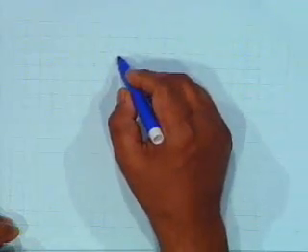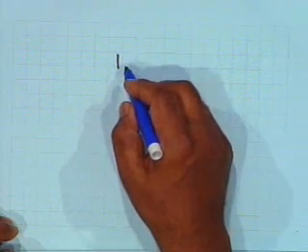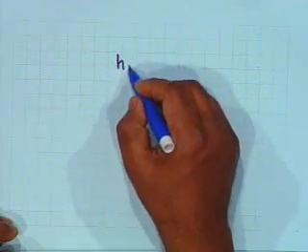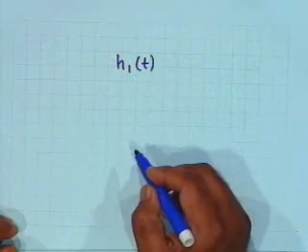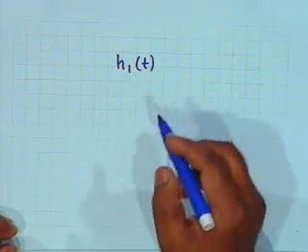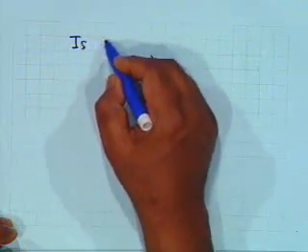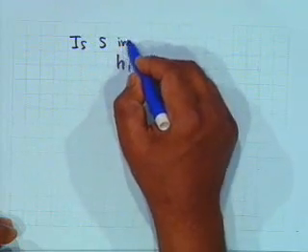Now, that's about convolution. So, the problem of determining whether the system is invertible or not in the continuous time case boils down to determining if there exists an h1 of t such that, well, the question is, let me write it down, is S invertible?